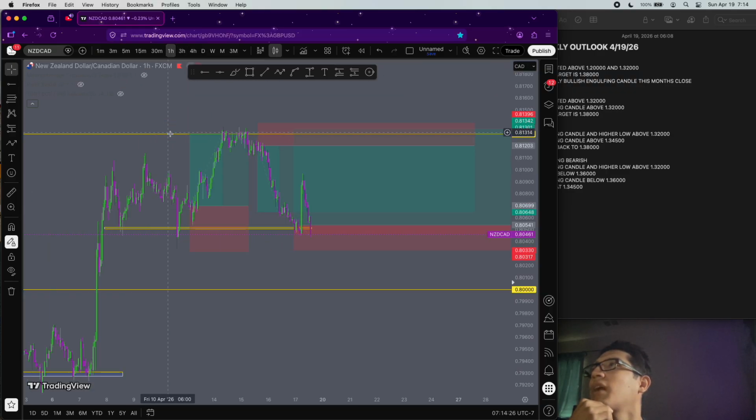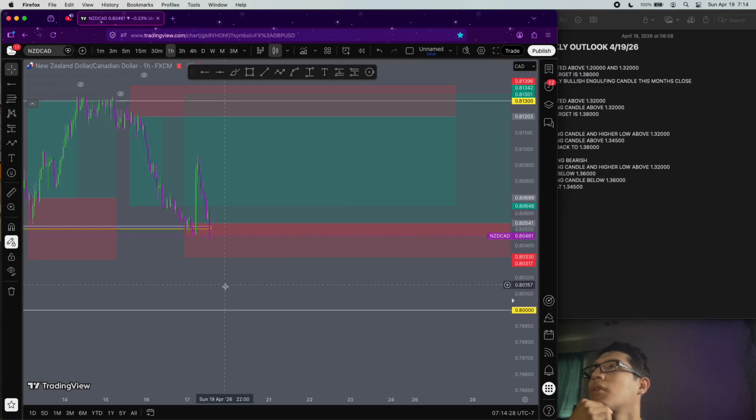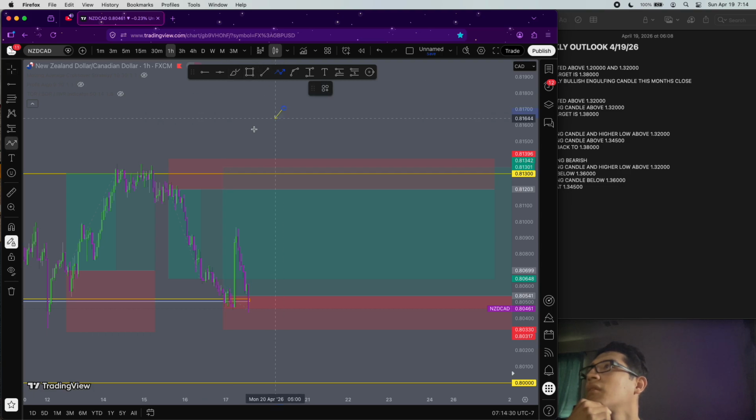Especially if it happened on the 1-hour. On the 1-hour, you could already see we had one bearish engulfing candle, two bearish engulfing candles, three bearish engulfing candles, and then price retraced, created all of this buyer liquidity, and then boom, broke it, created another lower high, and continued melting.